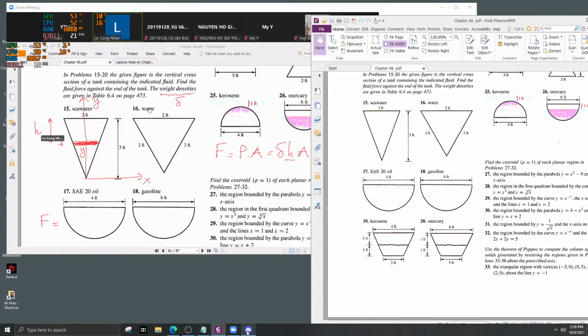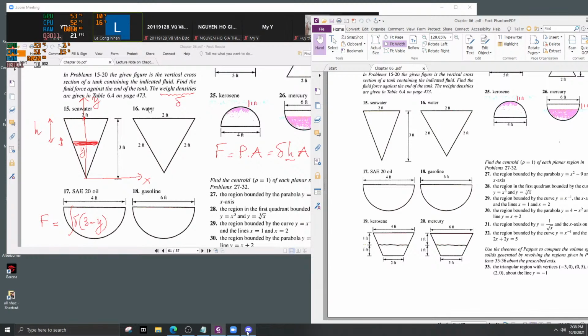We know that the height of this isosceles triangle is 3, and therefore the depth equals 3 minus y. Then we have delta times depth times the area. The area of the bar equals the length times the width.